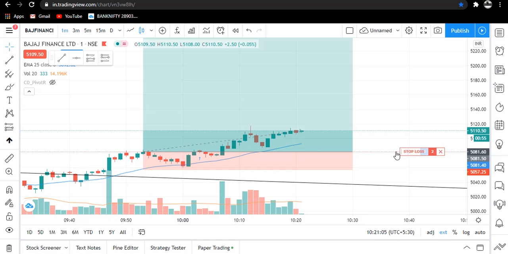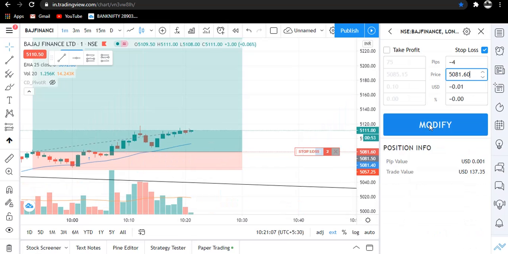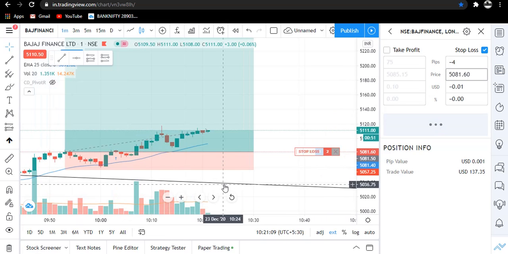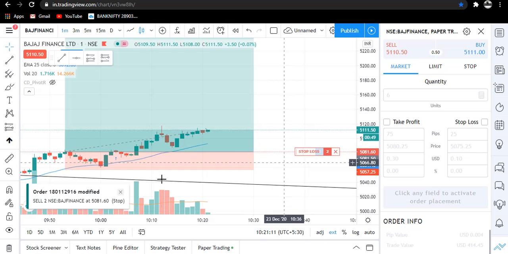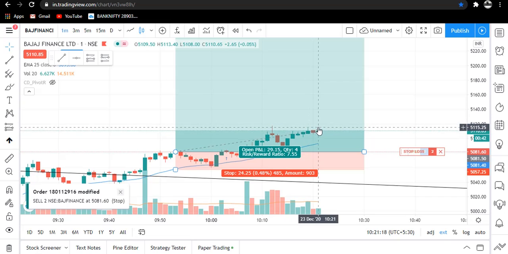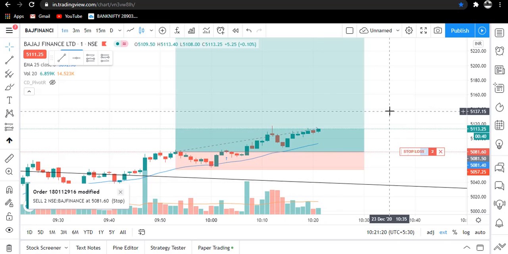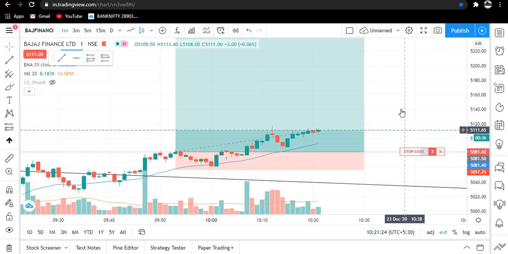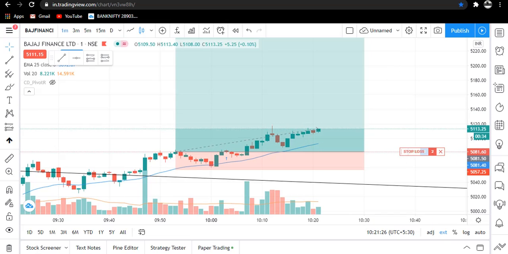Okay traders, I am trailing my stop loss to our cost price and we have sent our order. The stop loss order has been placed. If price reverses from this resistance, we will exit with zero profit or zero loss. That was the update, and I will update you when our stock shows some momentum.